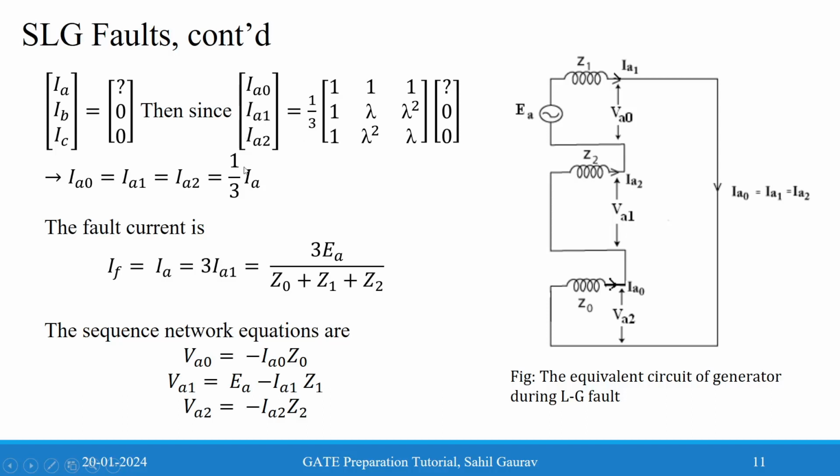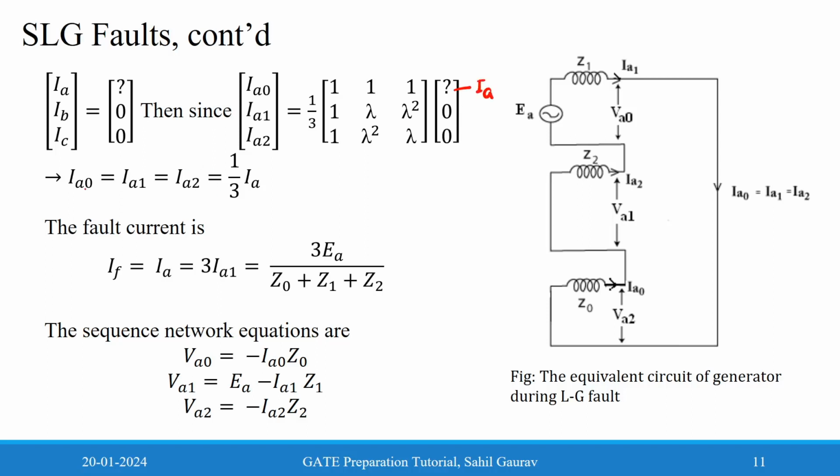Now we will use the symmetrical component equations. Using the symmetrical matrix we can find IA0, IA1, IA2 with the boundary conditions. So we can see that IA0, IA1, IA2 is equal to one third of IA. The unknown is IA, the others are 0.